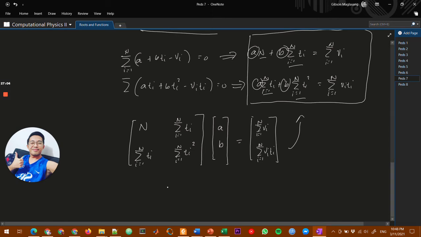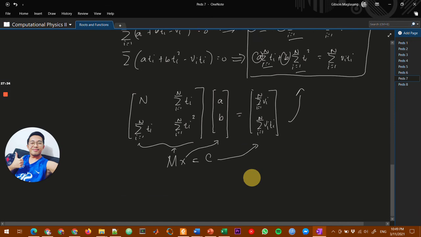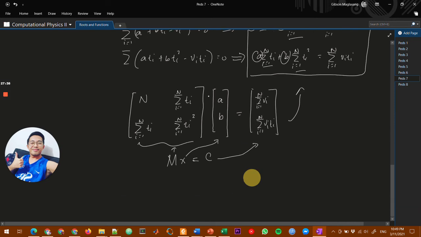So let's say generally you have a matrix M times this vector X equals any constant, let's say constant C. So in this case, your M is this, your X is that, and your C is this. Okay? So our goal is to determine the constants a and b, which correspond to X.